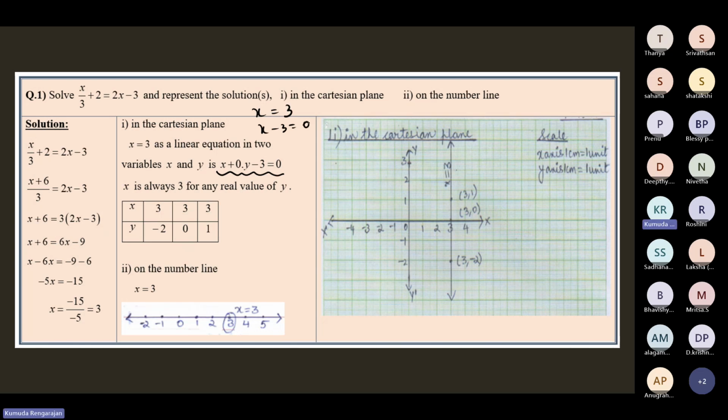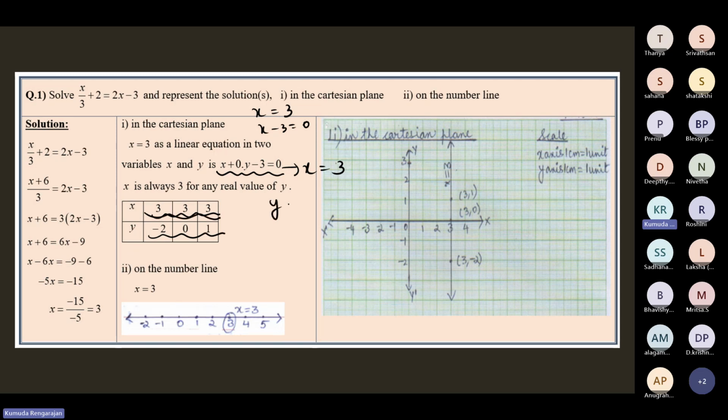To show this with the two variables x and y, we write it as x plus 0y minus 3 is equal to 0. So you can take any value for y, but x is always 3.